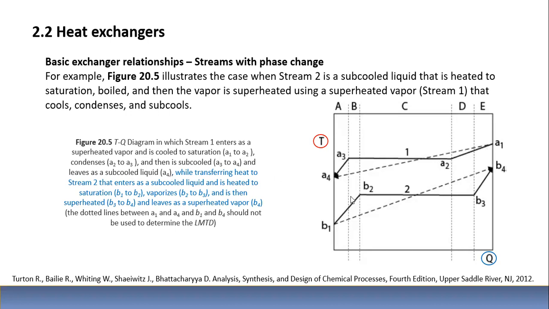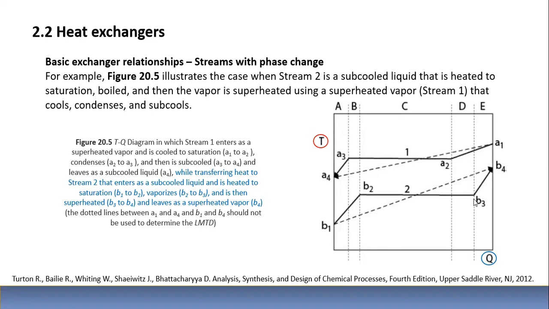While transferring heat to stream number 2, which is the stream that you see here in B, that enters as a subcooled liquid, in this position, is heated to saturation, right there, position 2, saturated liquid, and then vaporizes from 2 to 3. You see the increase in Q, the increase in energy from position 2 to position 3.